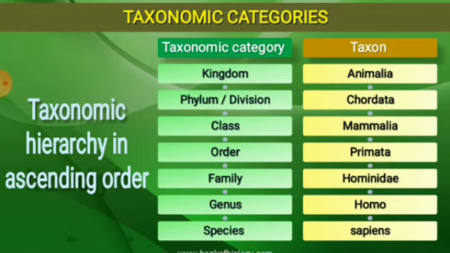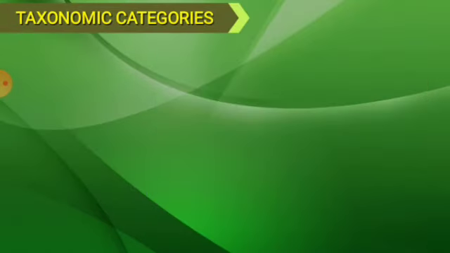Human beings belong to the family Hominidae. Order is Primata, class Mammalia, phylum Chordata, and the kingdom is Animalia. So in this video, one by one, we will discuss the different taxonomic categories.